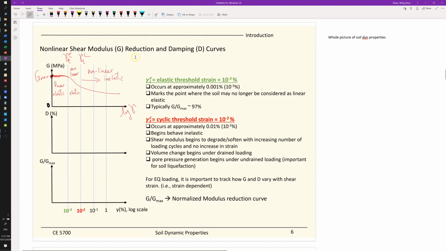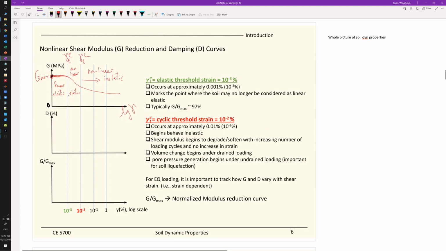So that is the shear modulus reduction, and oftentimes we will normalize this curve with Gmax. For this Gmax, there are laboratory or field testing procedures to measure it. After you know this Gmax value, what we do is derive the whole curve with Gmax.